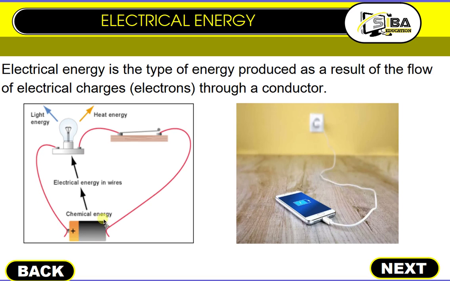So the charges from the battery move through this wire called a conductor to produce what we have here, light energy through the bulb.